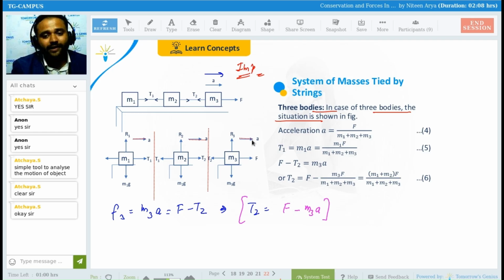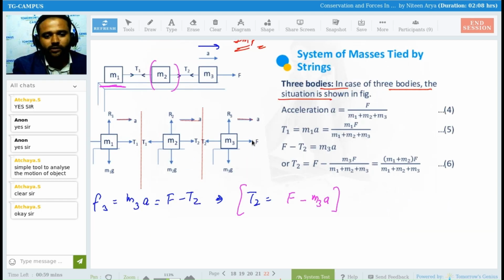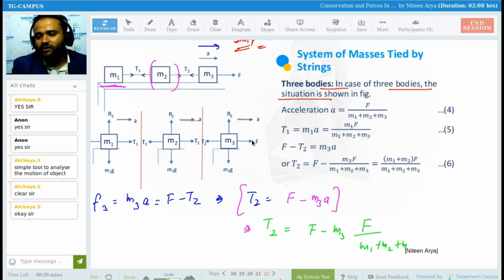So tension 2 you can find not only because of this mass 2, but it is also carrying the mass of this one. You can see from here, if we put in this whole thing, we automatically get tension 2 as F minus M3A, where A is F divided by M1 plus M2 plus M3.